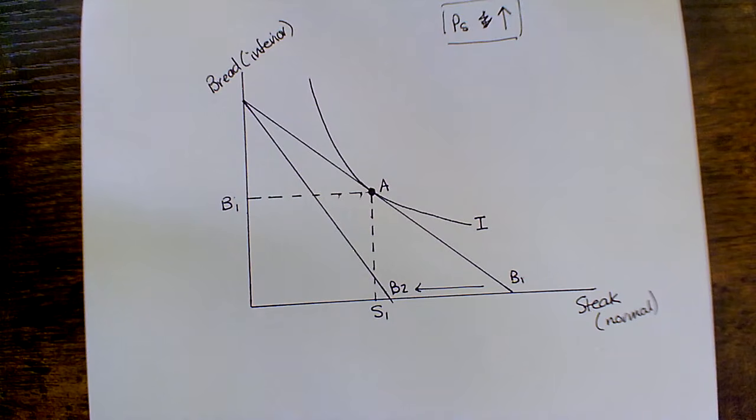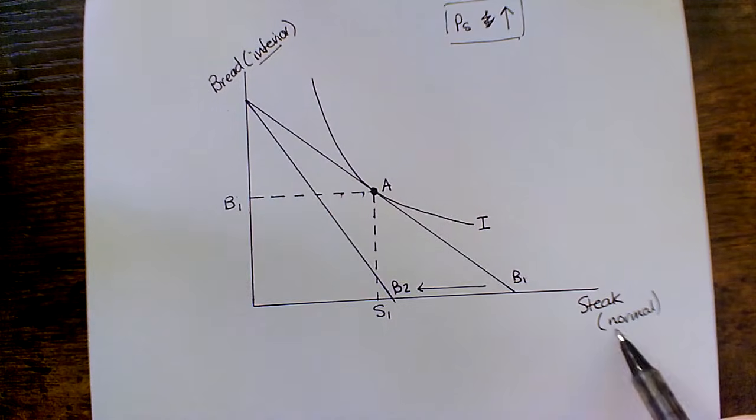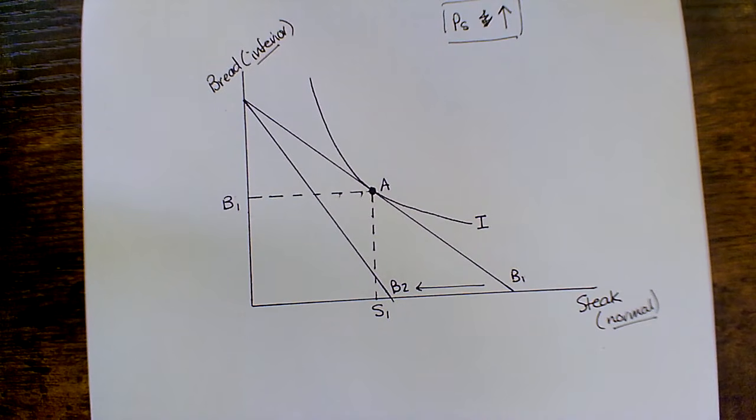How are we going to show this consumer moving to their new best affordable point? I'm not going to jump straight to the price effect, that total effect. I'm going to break this down step by step because I want to show you the mechanics of the substitution and income effect, and also show you how your graph needs to reflect the inferior and normal nature of these two goods.